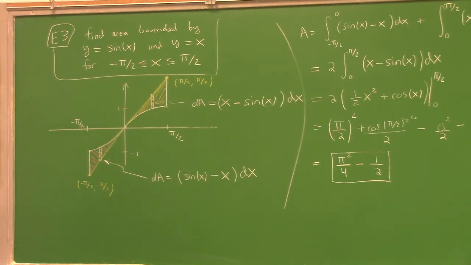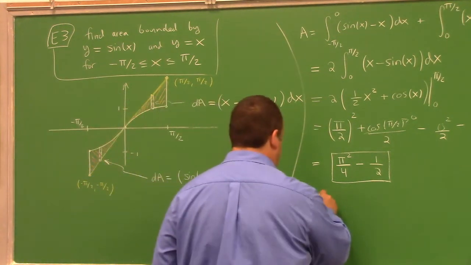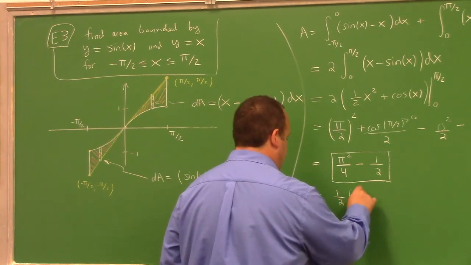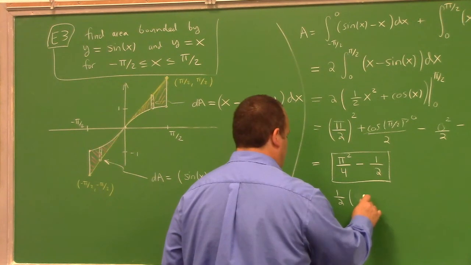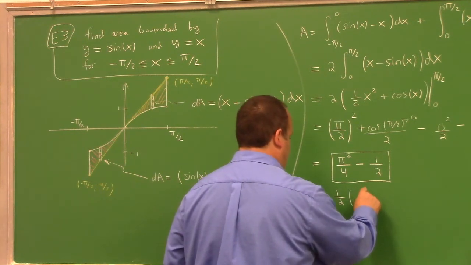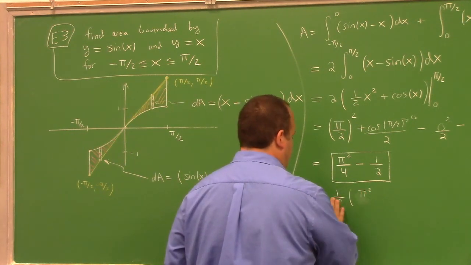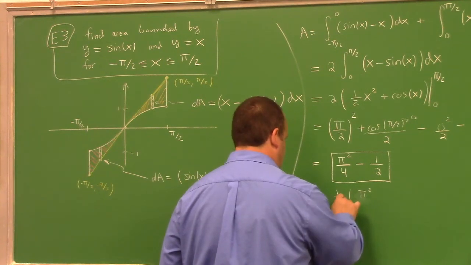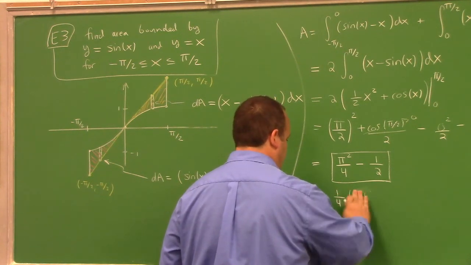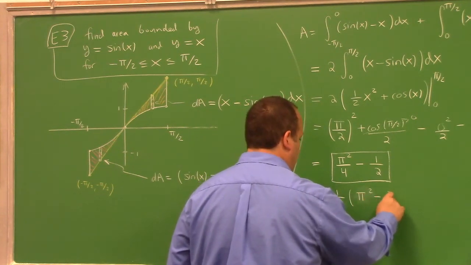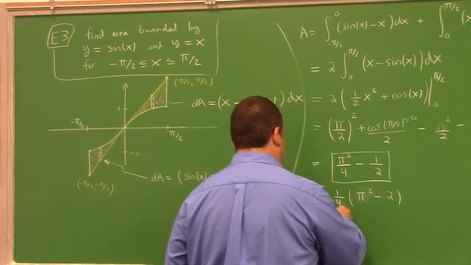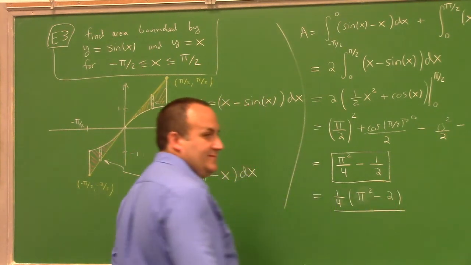I guess you can rewrite this if you want to. Is this more simple? It's 1/2 of pi squared. If I factor a 4 out, it's 1/4 of pi squared minus 2. Is that more simple? I don't know.